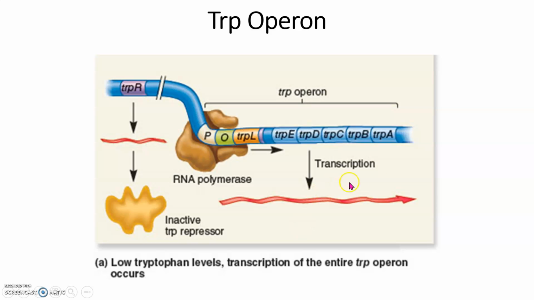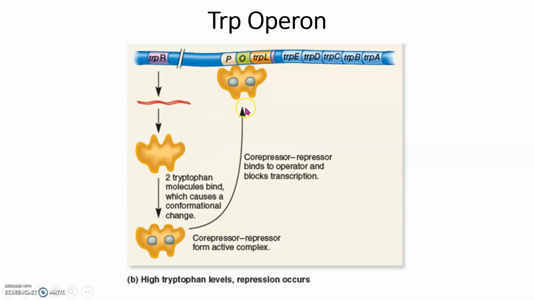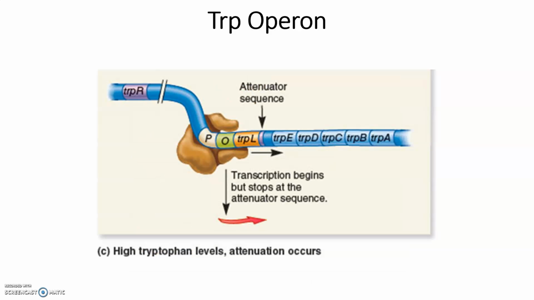The first level is this repressor. If we have low levels, tryptophan is not bound to the repressor, the repressor is not bound to the operator, and transcription can occur. If you have high levels, tryptophan binds to the repressor, changes it, lets it bind to the operator, and we turn this off. We already have some tryptophan, we don't need to continue making it.